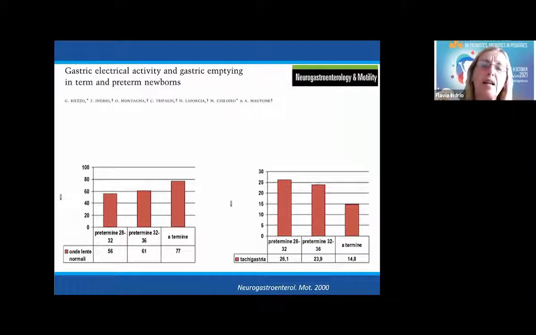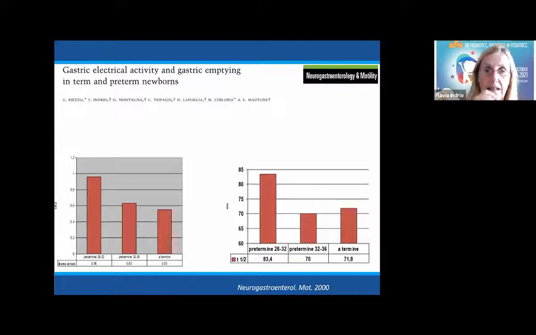These studies were done basically on the motility of the stomach with electrogastrography. So we agreed with them. 32 weeks of gestation was the turning point, let's say, when the baby could have the full motility and the bolus could be easily transported through the different parts of the gastrointestinal tract.